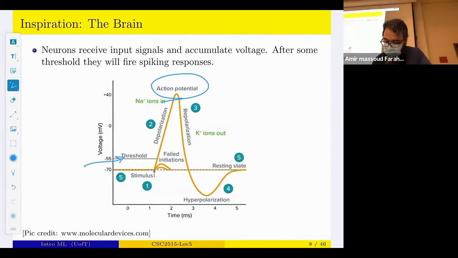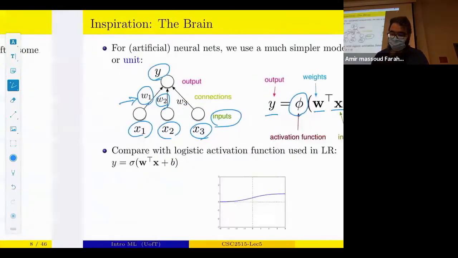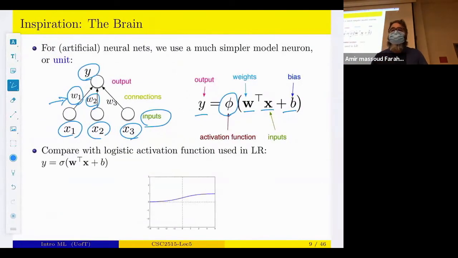So you see here that, for example, this is some stimulus to it, but this stimulus is below this threshold value, so nothing really happens. But if it goes higher than this threshold, the neuron becomes activated, generates this action potential that propagates through its axon. So this threshold function is mimicked by this activation function. And we will see that we have different types of activation function.